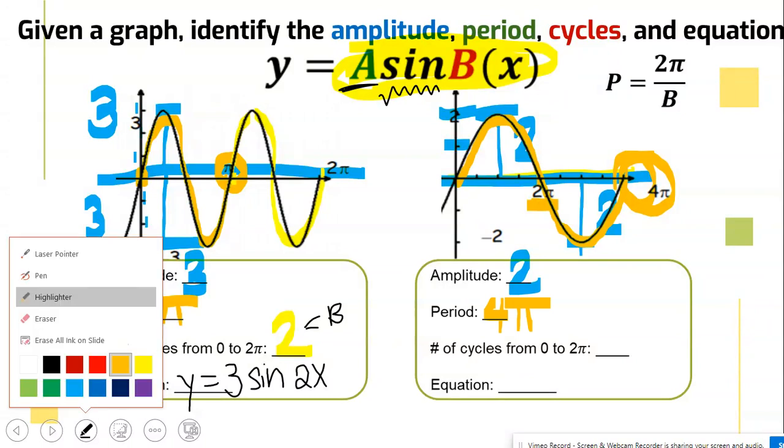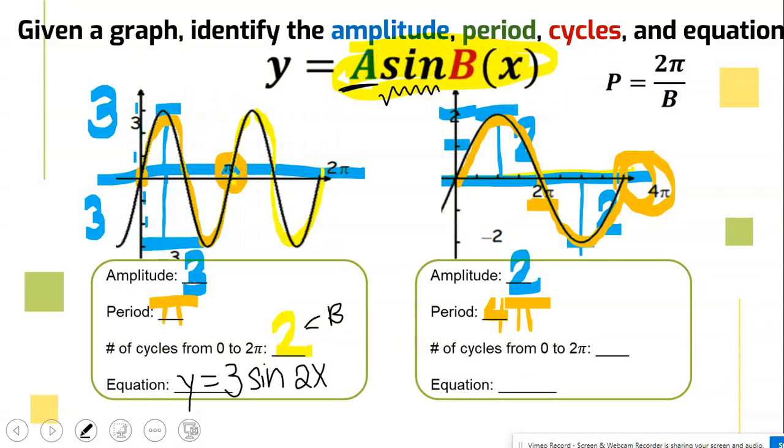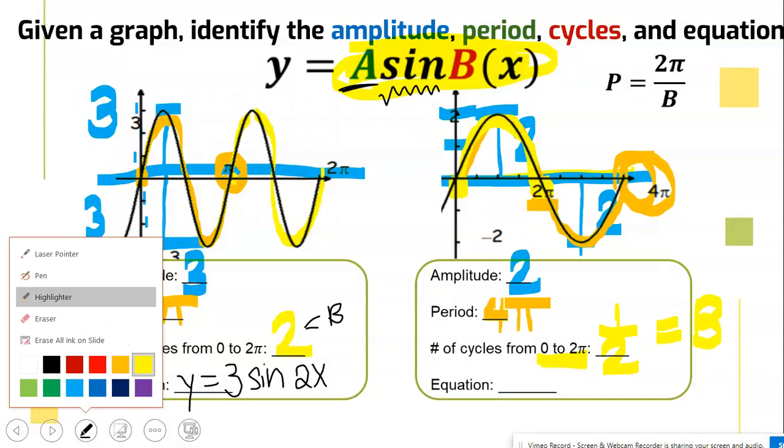And then if we're trying to figure out how many cycles from 0 to 2 pi, here's 0, here's 2 pi. Well, there's only half. That's only half of my graph. So that value is 1/2. And remember, that's our B value.